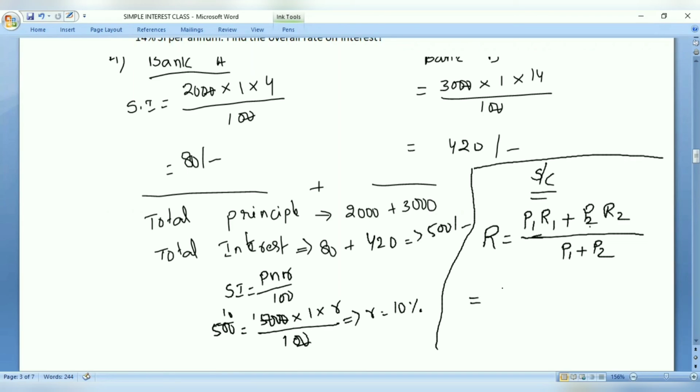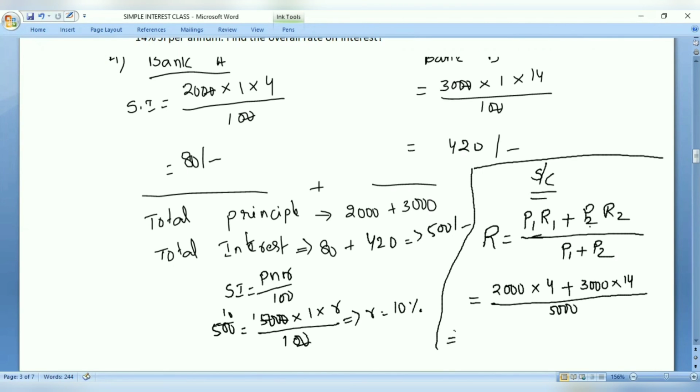Using this shortcut technique, the first premium is 2000 rupees, the first rate of interest is 4%, plus the second premium is 3000 rupees, and the rate of interest is 14%. Together 2000 plus 3000, that is 5000.